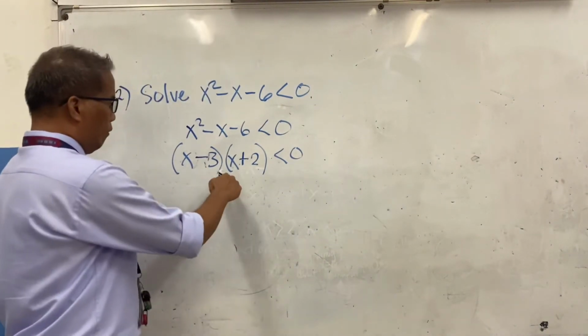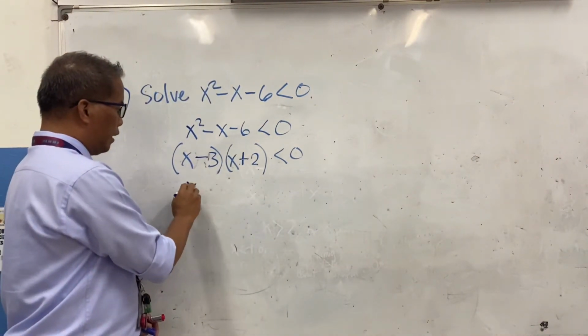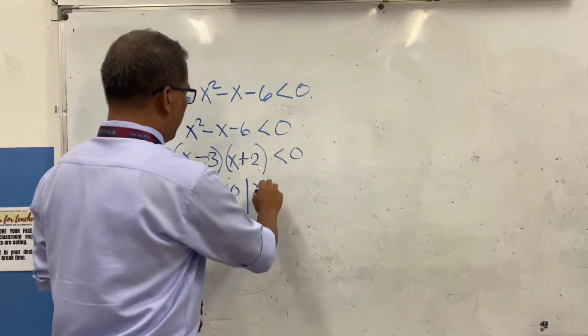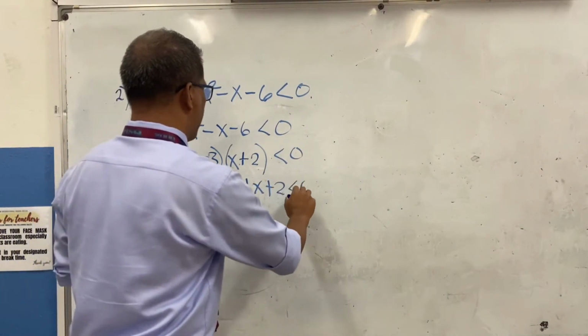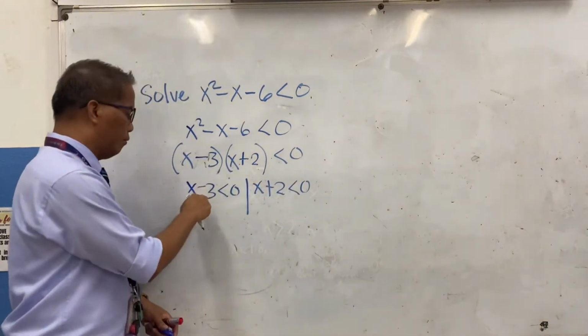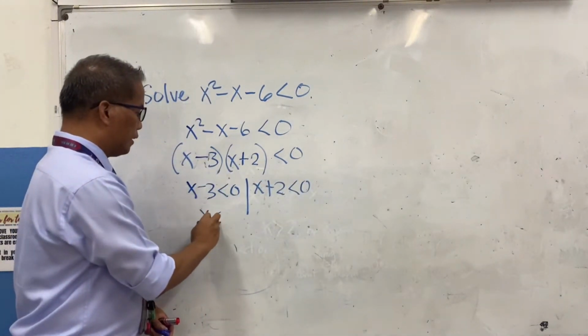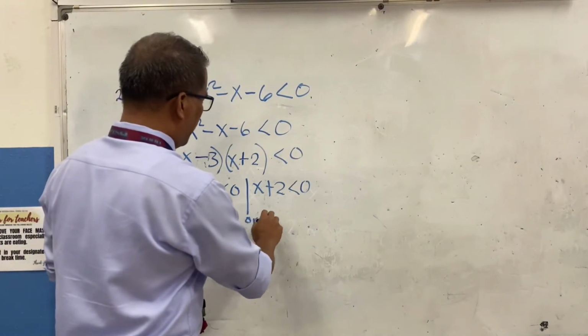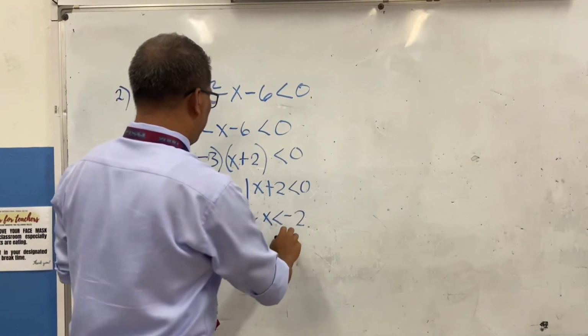And then equate this to 0. x minus 3 less than 0 and x plus 2 less than 0. Transpose negative 3, x less than 3 or x less than negative 2.